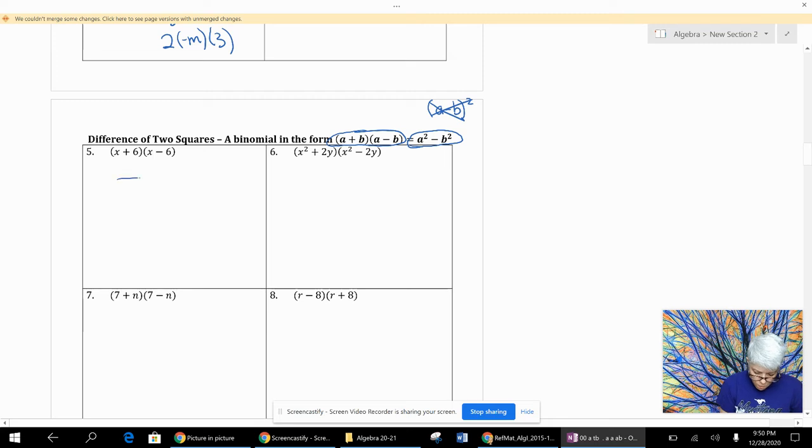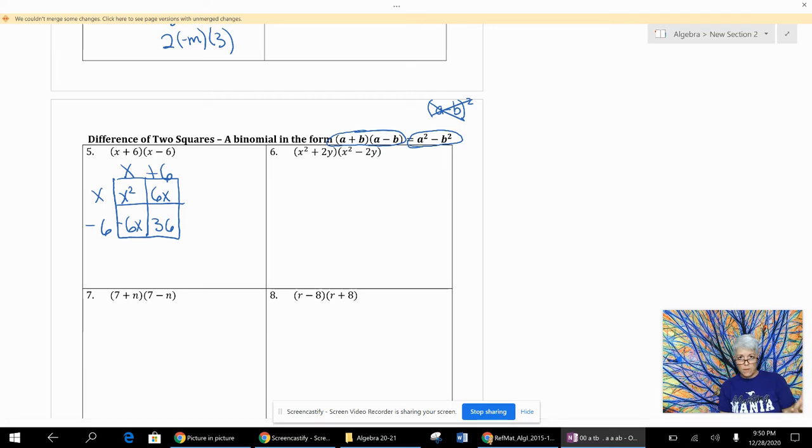So again, I'm only one time going to do the matrix or the box method so that you can see how I can do this. I can kind of cheat my way through this. All right, x squared, 6x, minus 6x, 36. Now, if I did the box method, you'll get the same answer.